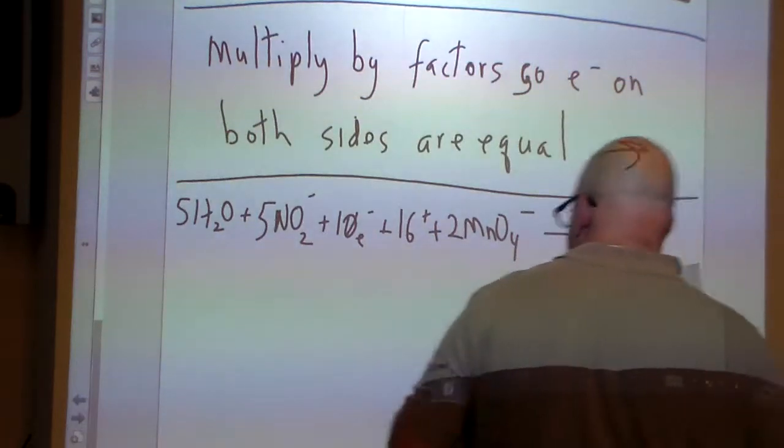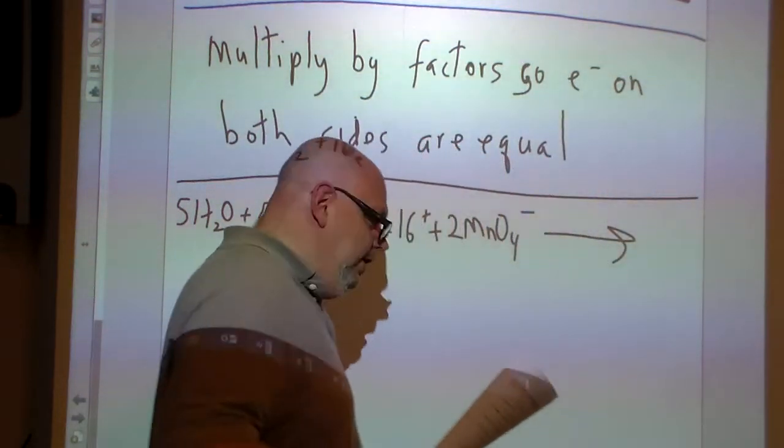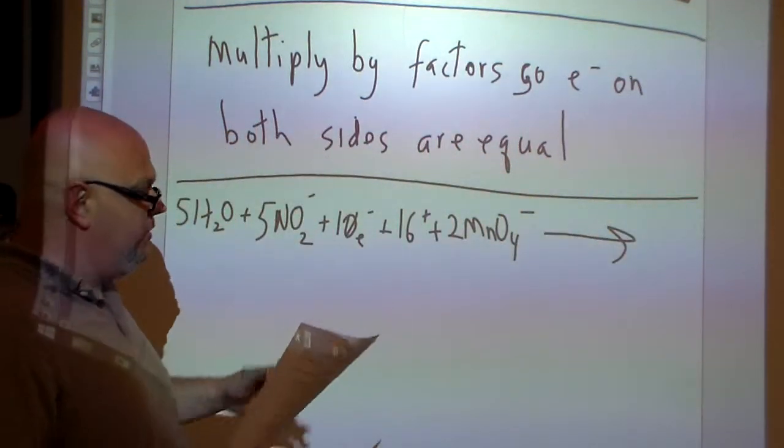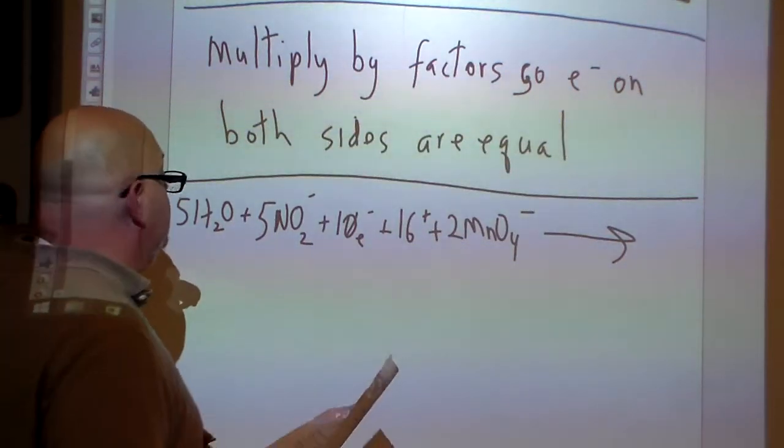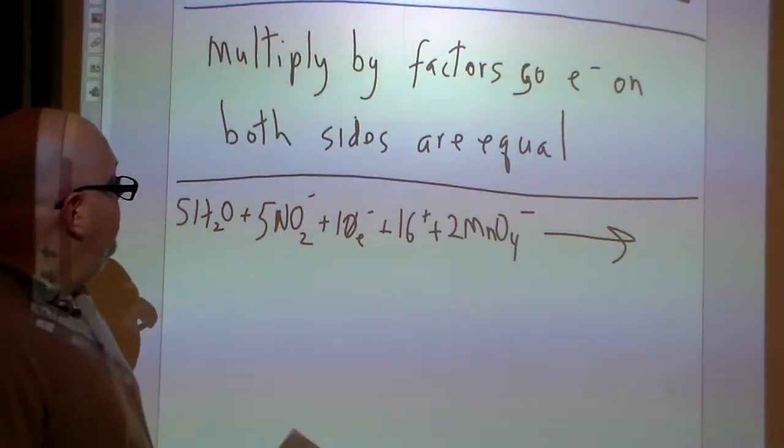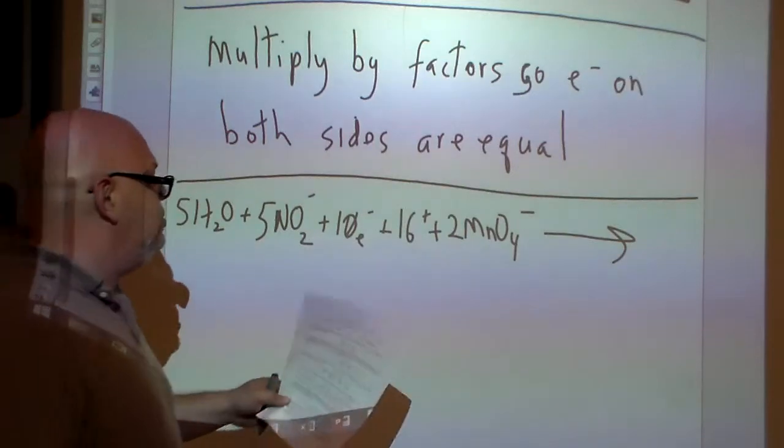And that's going to result in, and I'm going to have to do this on the bottom, okay? So the red is going to be the product. You'd say, wait a minute, where did those 16 hydrogens come from?